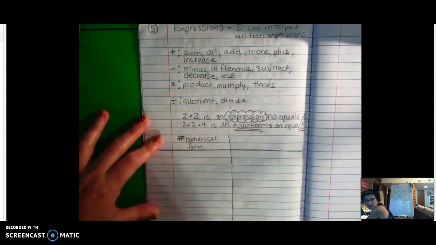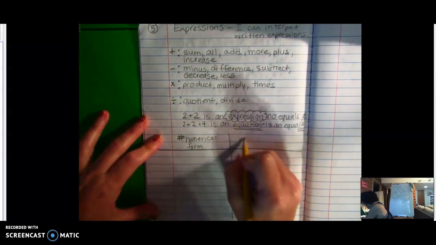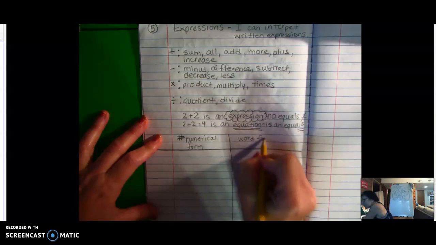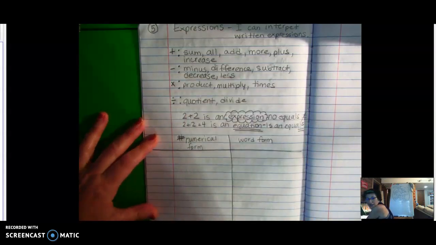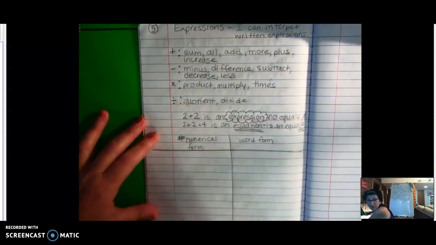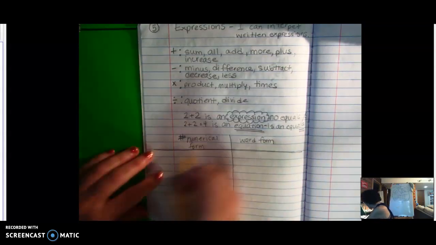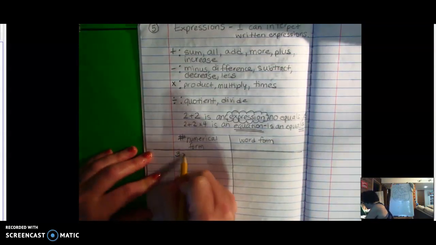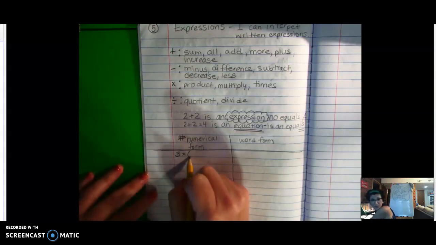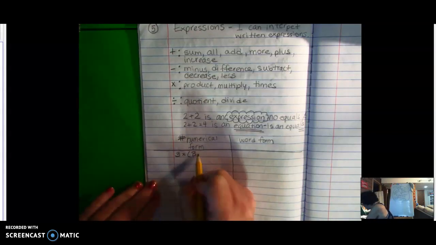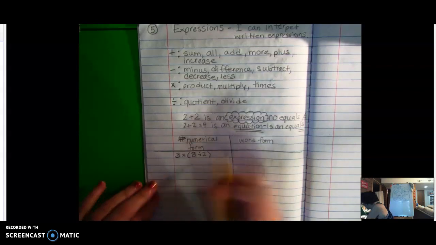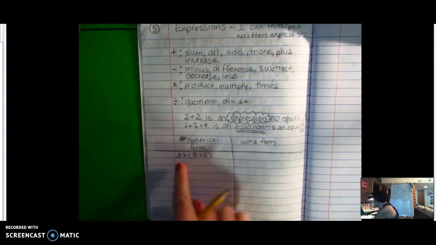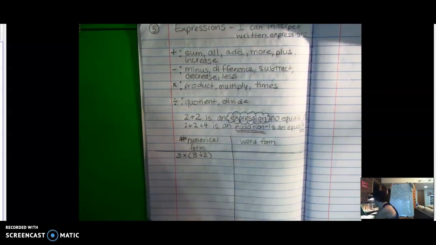And then on the other side, we're going to put word form. So, when we're interpreting expressions, we might have something like 3 times, parentheses, 8 divided by 2, and we want to figure out what this says.